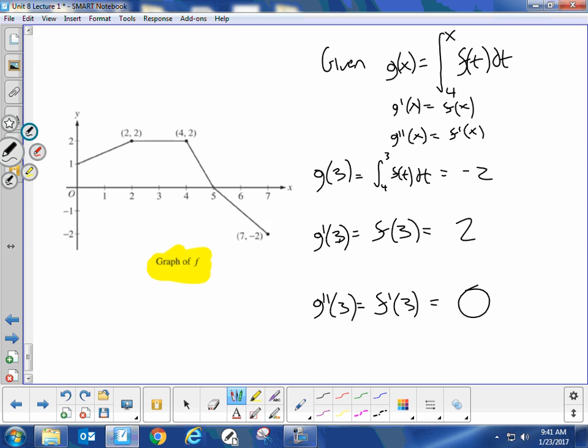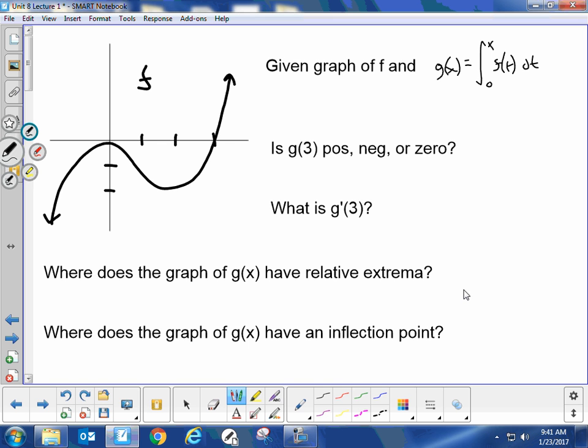Okay? And now we go back to unit 4, but what it ends up being is just a step up. Because usually in unit 4, you'd be given the graph of f prime, and you're going to be asked information about f that you don't know. Well, now you're going to be given the graph of f, and you're going to be asked for information about g, which is the antiderivative of f.